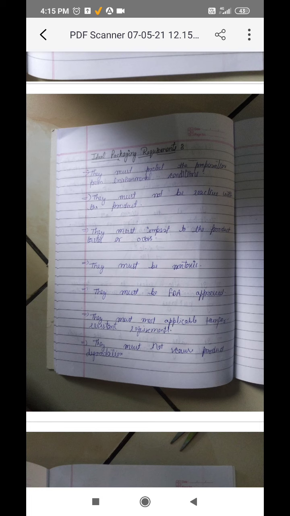All packaging material which is used in the packaging of pharmaceutical preparation have different FDA guidelines for their testing, so for that purpose all pharmaceutical packaging material should be FDA approved. Next is that they must meet applicable tamper resistant requirements.